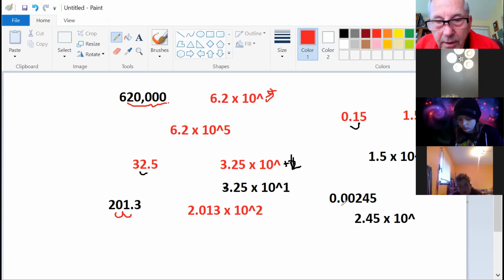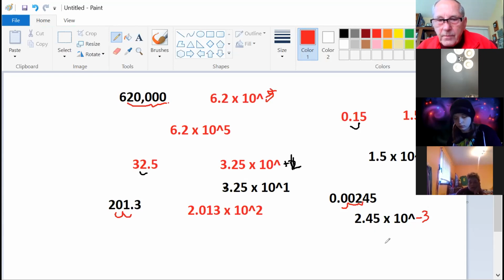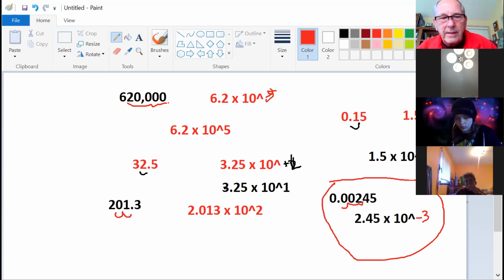I'm going to go 1, 2, 3 places over to get 2.35, right? So that means the exponent has to be -3, because I went 3 places to the right. Do you understand? Try to understand this. If you understand this, then it'll all make sense.